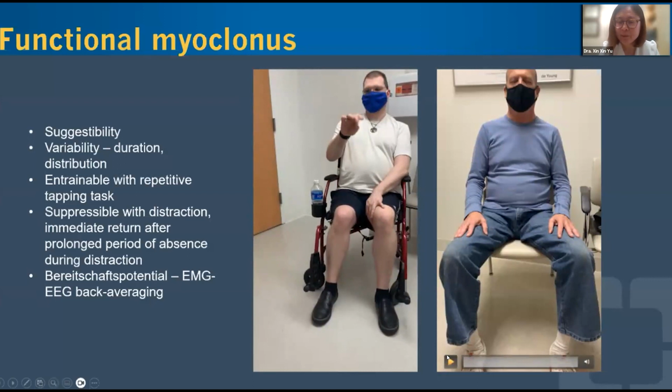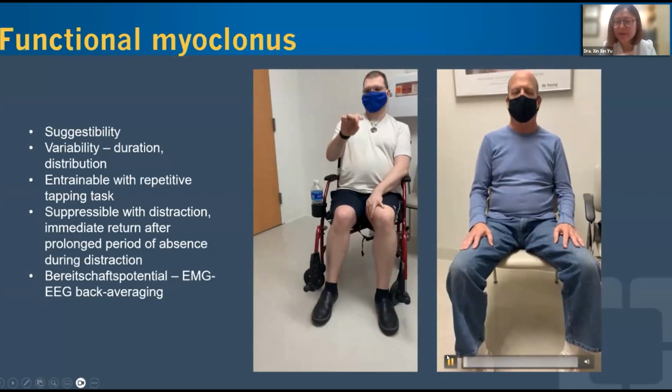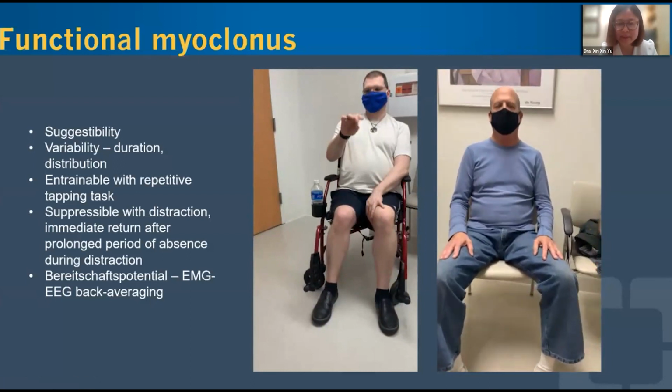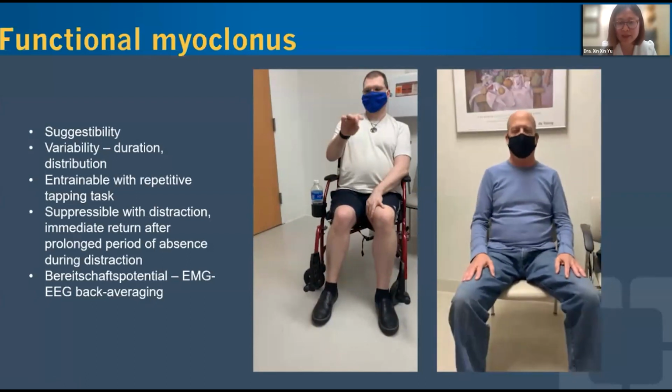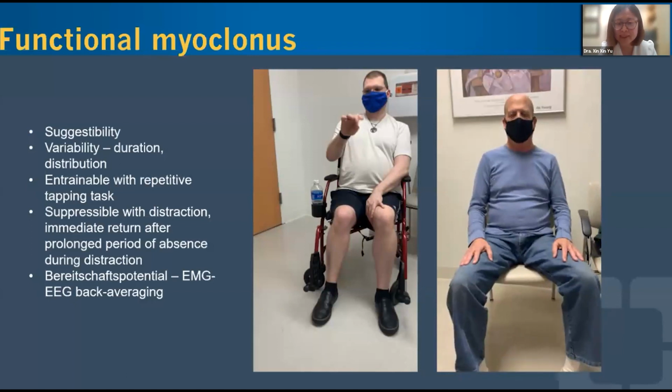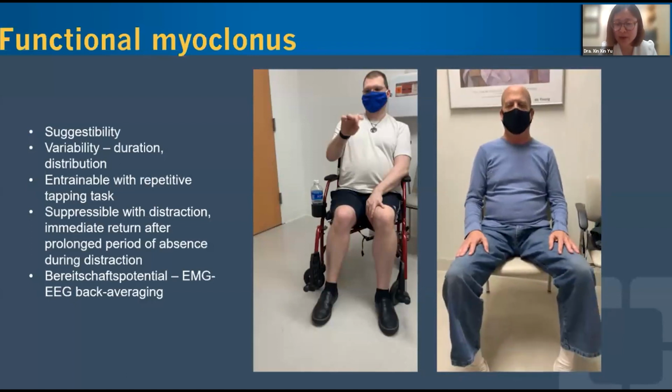And in the second video, the jerks occurred in various body parts without any specific pattern. Could be in the left arm, the trunk, the head, and then you'll see some leg jerks as well.